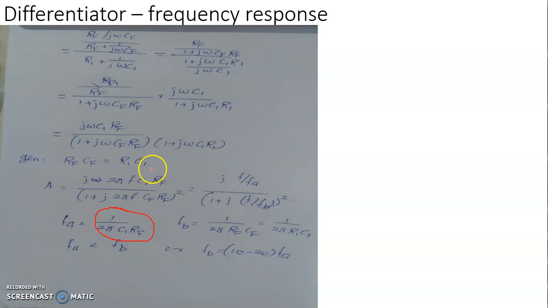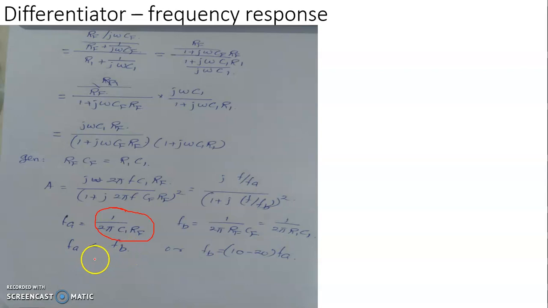RF CF equal to R1 C1. Then this is equal to j into f by FA divided by 1 plus j into f by FB whole square. Generally, we take FA less than FB.